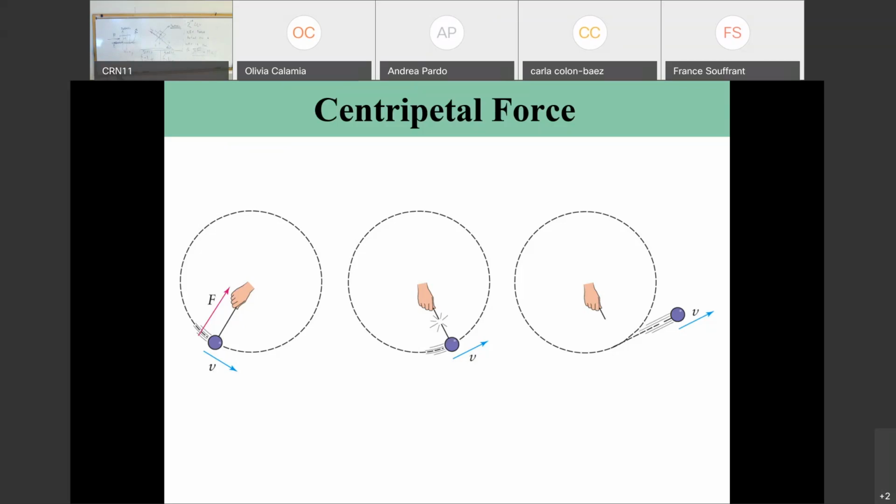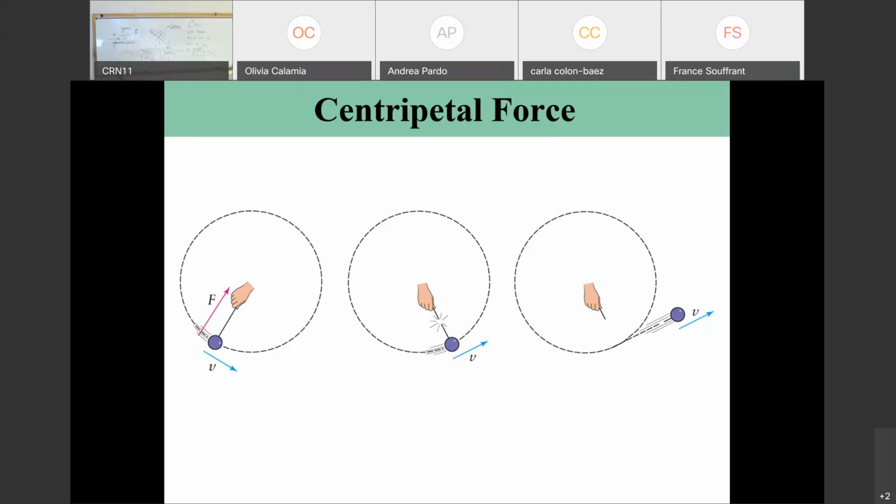Unless, of course, as you see there, the string breaks and then the object leaves at constant speed. Well, it will end up losing speed because of gravity and air resistance. But the implication is that a change of direction does give you an acceleration, a centripetal acceleration, which hence gives you a centripetal force.